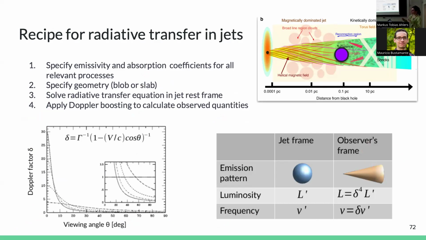Then we solve the equations. I'm going to show you in the next slide what equations we solve in order to calculate the photon and neutrino emission in the rest frame of the blob of the jet. And then we have to apply Lorentz transformations in order to transform all the quantities from the rest frame of the jet to the observer's frame of the jet.